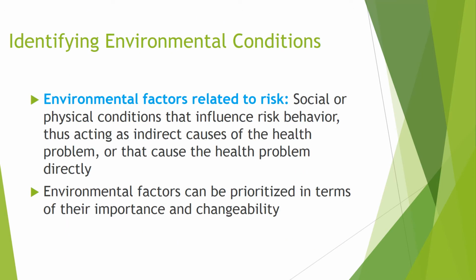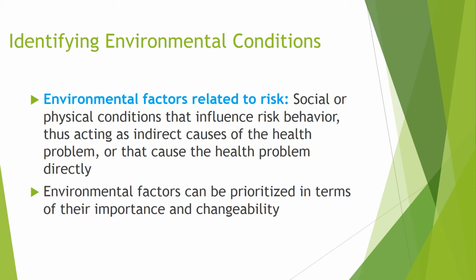Okay, identifying environmental conditions. Environmental conditions related to risk can be social or physical conditions that affect risk behavior. We've just talked about some, so I won't reiterate that. They can be indirect or direct, as I pointed out with the arrows. Environmental factors can be prioritized in terms of their importance and changeability. We're going to talk a lot more about importance and changeability later on, so I'll skip that right now.